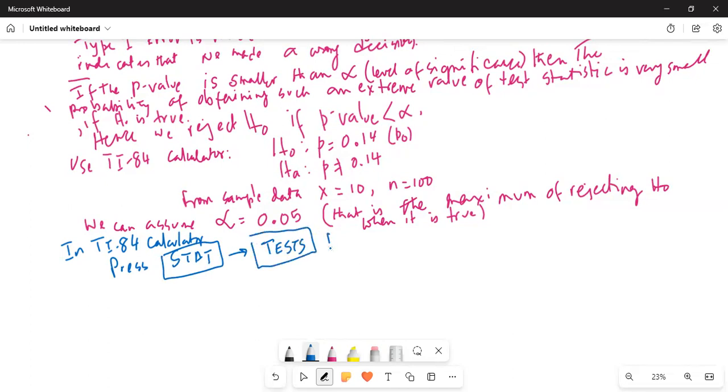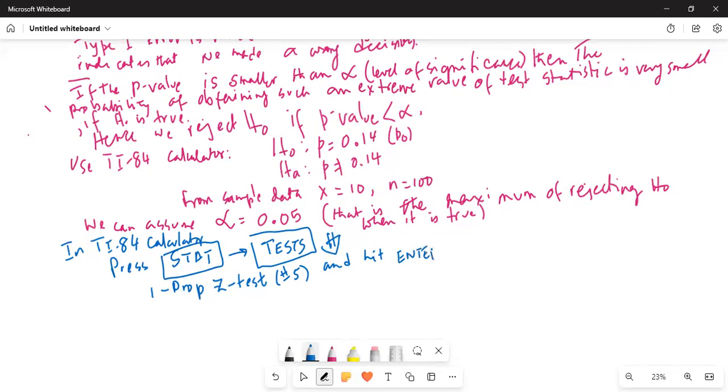Then you will scroll down to 1-PropZTest, which is number 5, and hit enter.